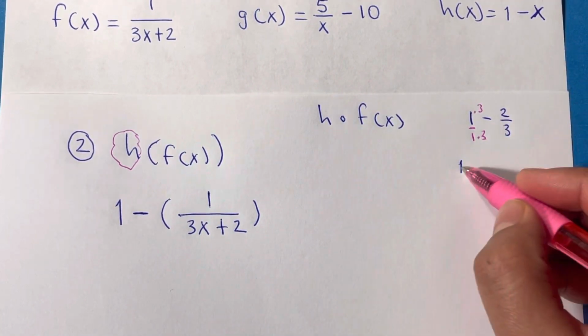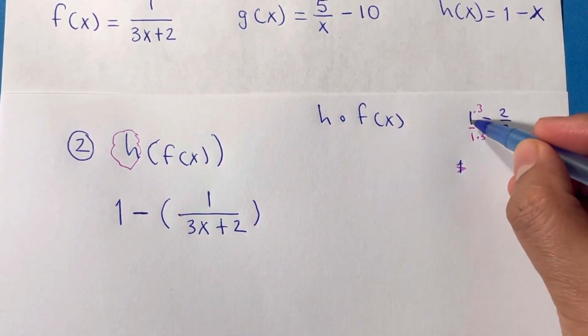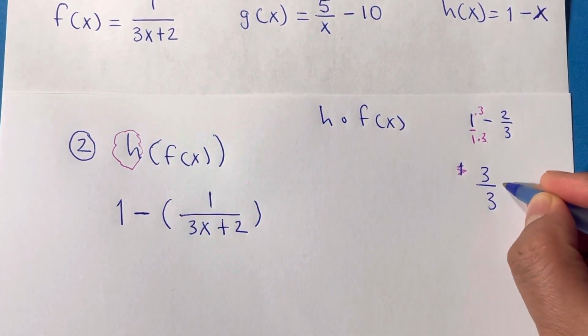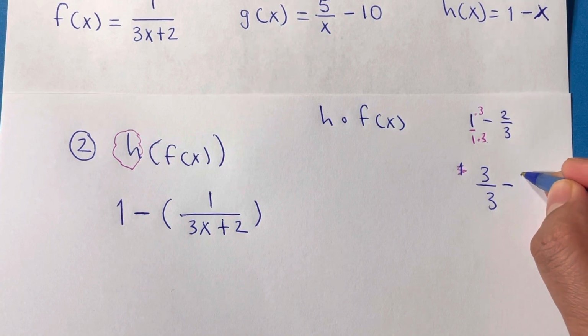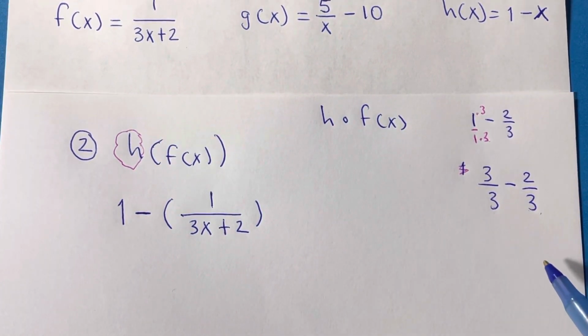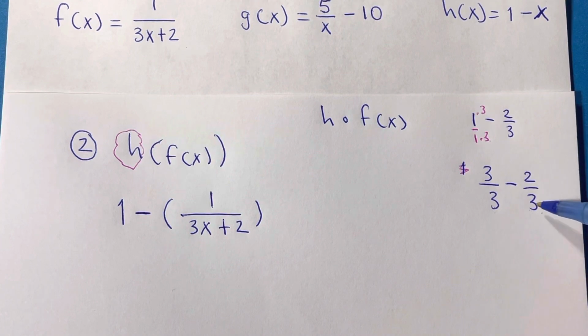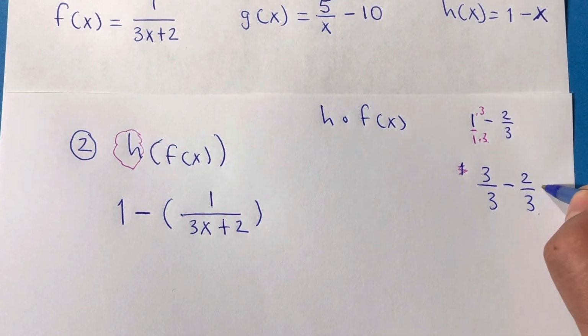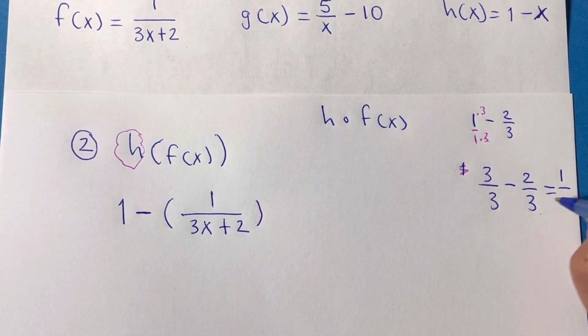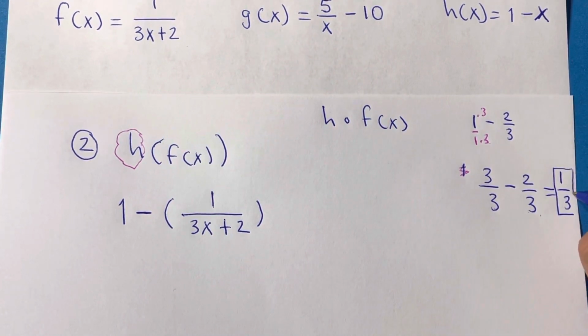And we would get 1 times 3, 3, minus 2 thirds, so that we would get the common denominator. After that, since we have the common denominator, all we did was subtract the numerators. So 3 minus 2 is 1, and we just kept the denominator.